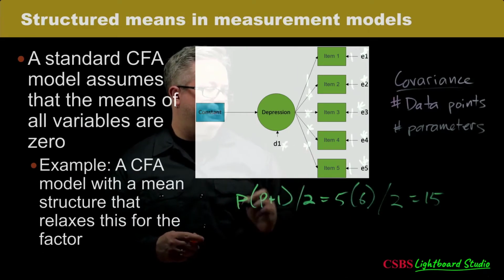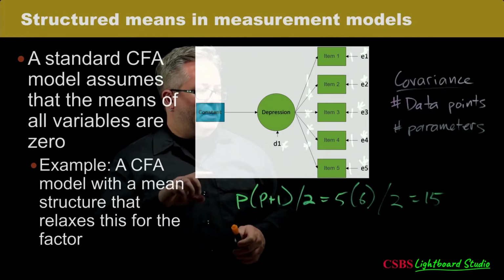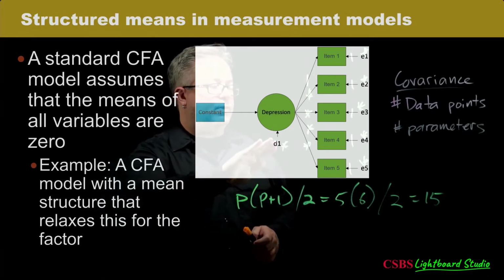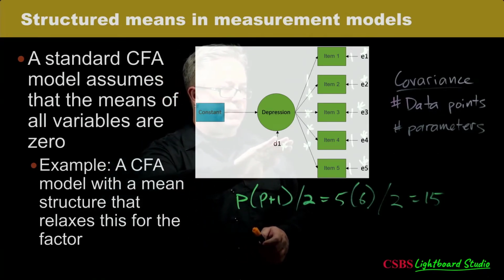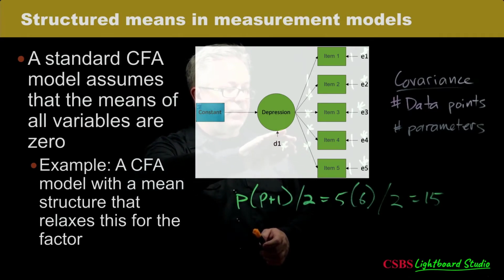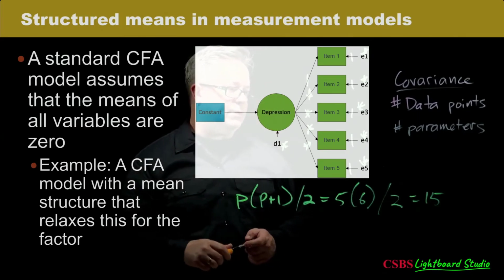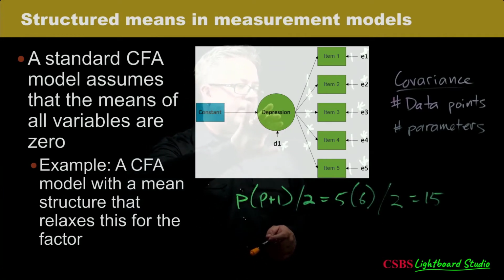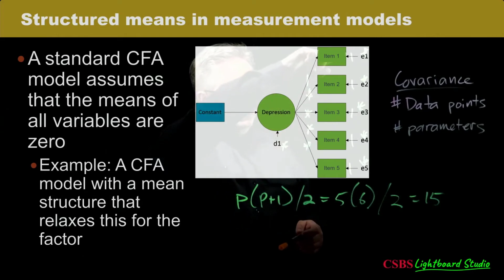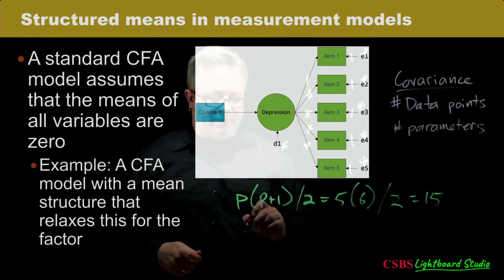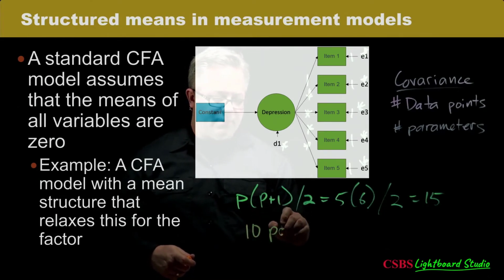I got one there too. Okay, well, here's the goofy part about this actually. If there's no constant, there's no D1. If I'm looking at just a covariance structure, there's going to be some variance associated with the factor on the other. So that's 1 for that, 2, 3, 4, 5, 6, 7, 8, 9, 10. So I think there are 10 parameters, unless I'm counting wrong.